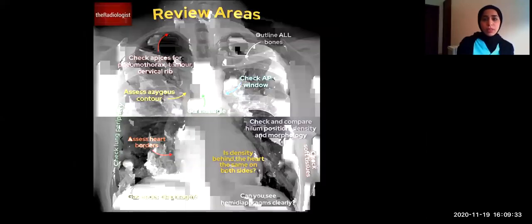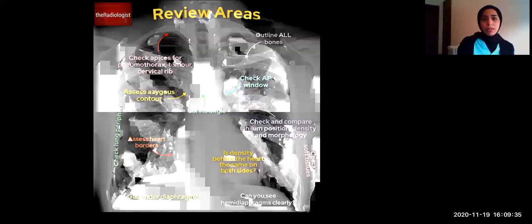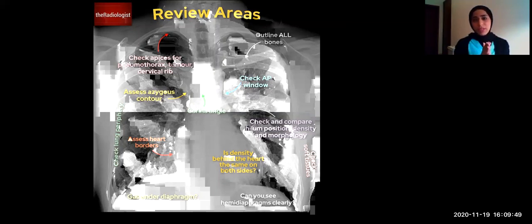To start with, you need to have a good review of the review areas whenever you are reviewing a chest X-ray. Second, you should review the secret areas on the chest radiograph.